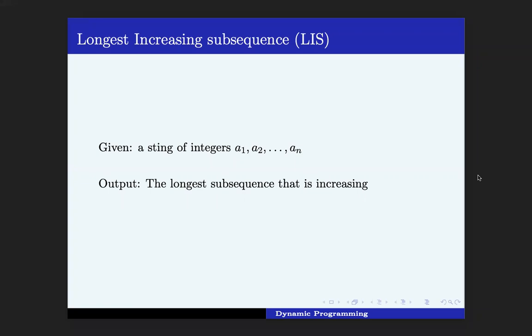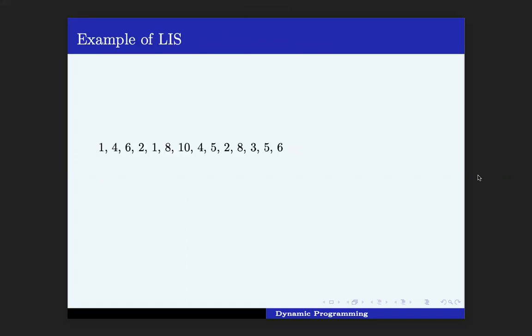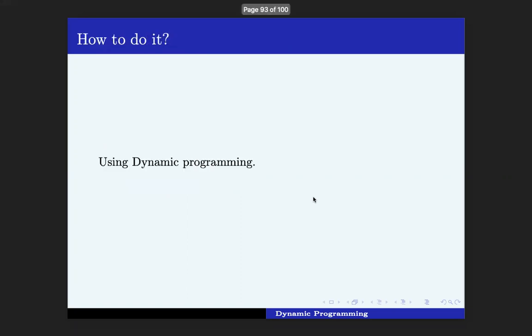So here, for example, I have this example of a longest increasing subsequence. And this is the longest increasing subsequence. One thing that you realize is that this longest increasing subsequence is increasing, in one direction. Of course, you can find this one using dynamic programming.